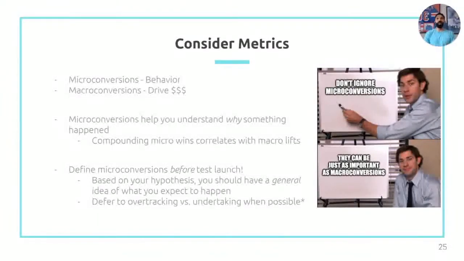One caveat to that is when you compound micro wins, they tend to correlate more with macro level lifts. I say correlate, not causate, because just because you got more people to click add to cart, it does not mean that you will get an increase in conversion rate. That is a very clear distinction. I'm being very careful in my language.